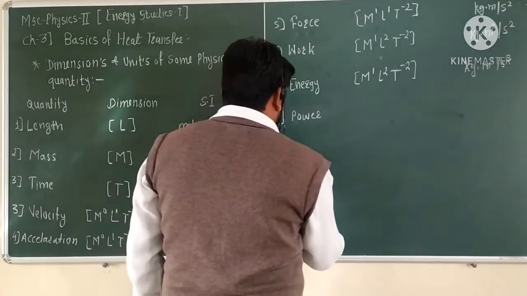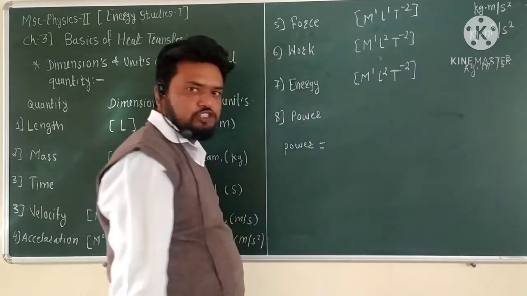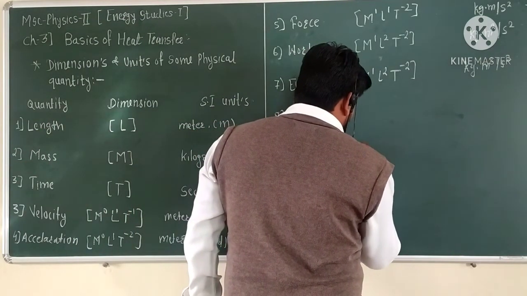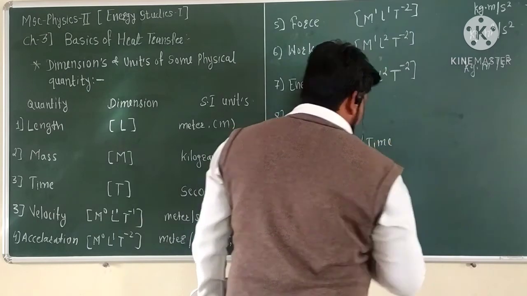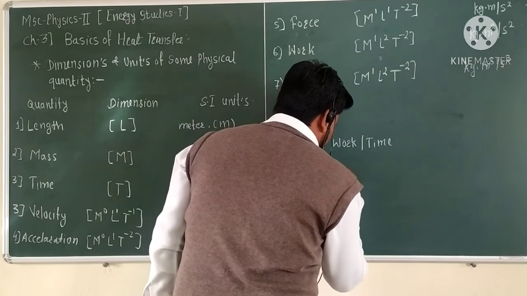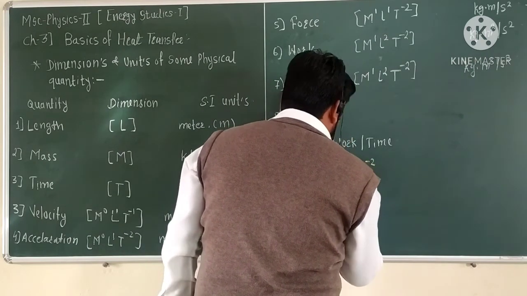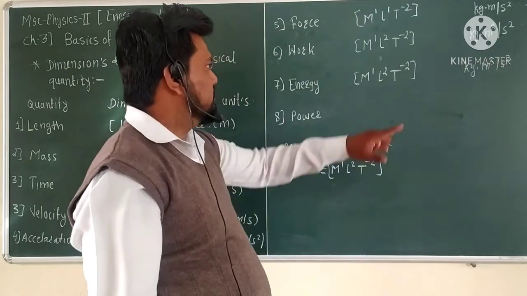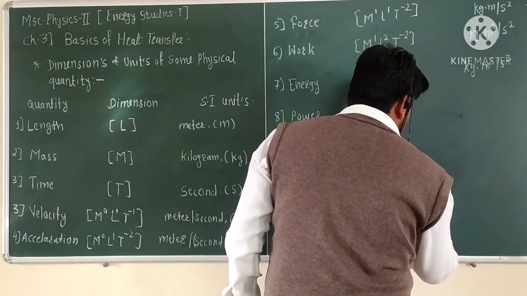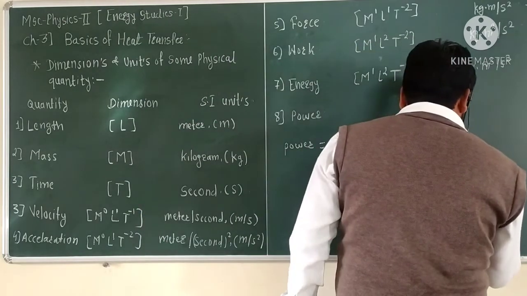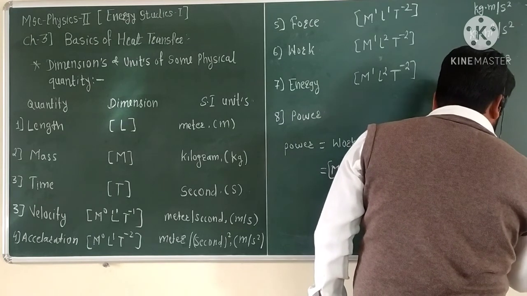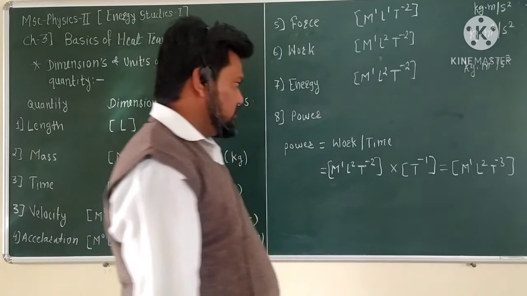The dimension of work is M^1 L^2 T^-2, and one more dimension, per time, is given as T^-1. So the total dimension of power is M^1 L^2 T^-3.